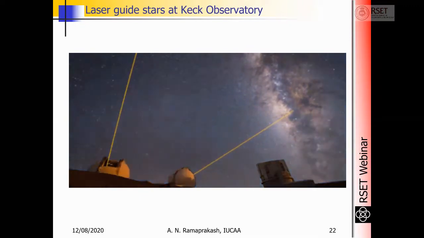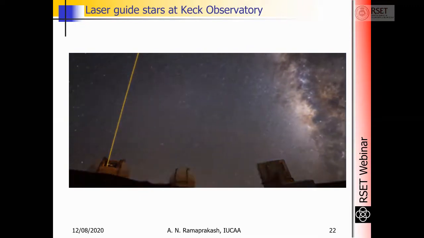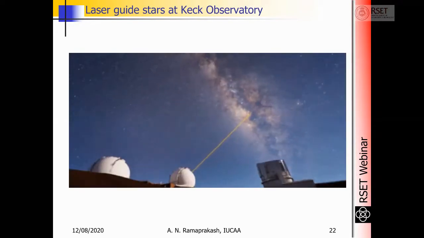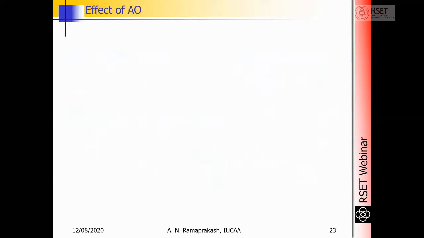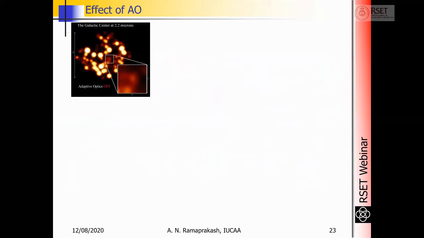That is called laser tomographic adaptive optics, and it is among the most challenging technological marvels which astronomy has mastered. It will be an integral part of future telescopes. So this is just an illustration of how marvelous this adaptive optics technique is.